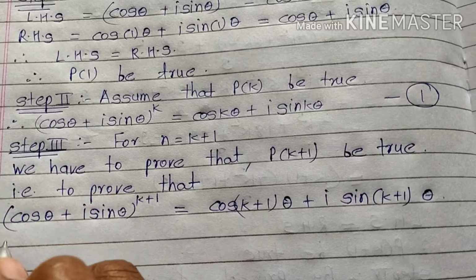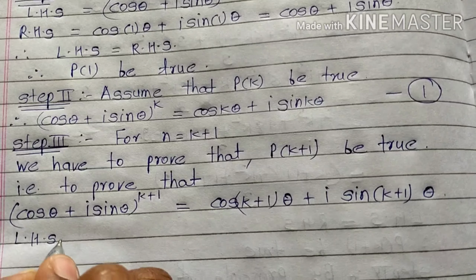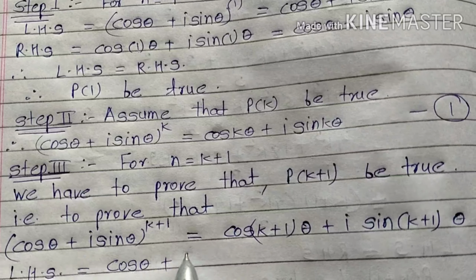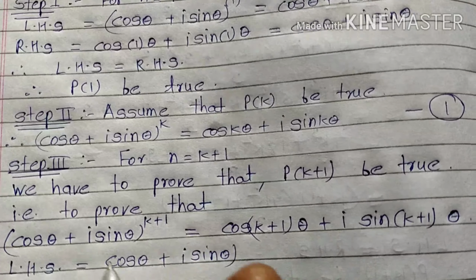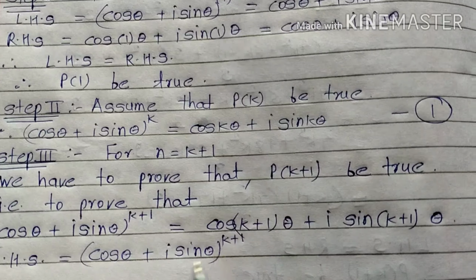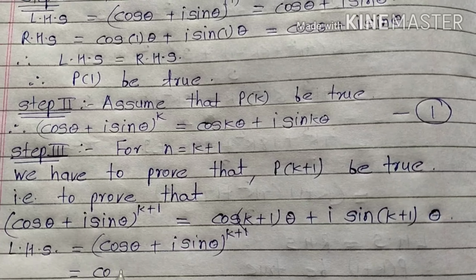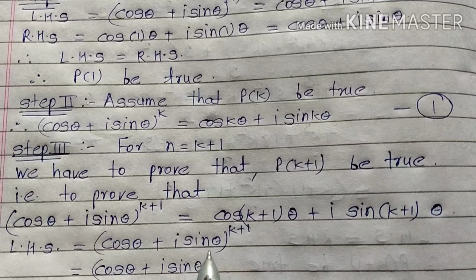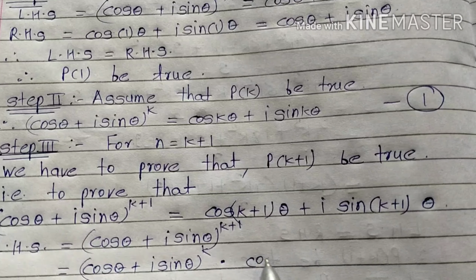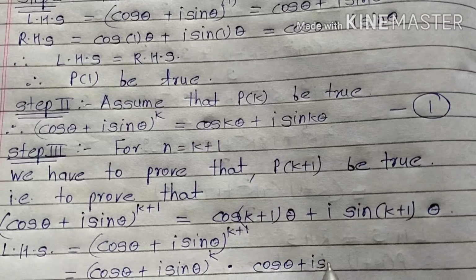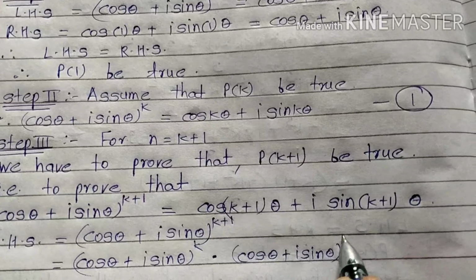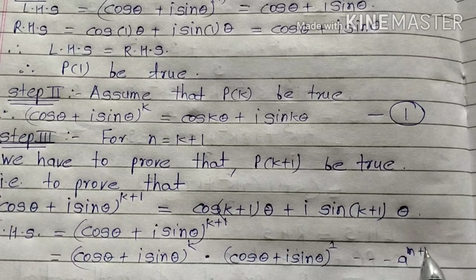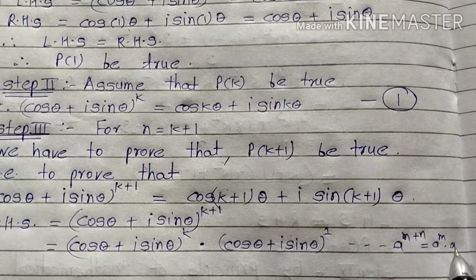Now take LHS. So LHS is equal to cos theta plus I sin theta raised to k plus 1. Using laws of indices, cos theta plus I sin theta raised to k into cos theta plus I sin theta raised to 1. What is that law? A raised to m plus n is equal to a raised to m into a raised to n.